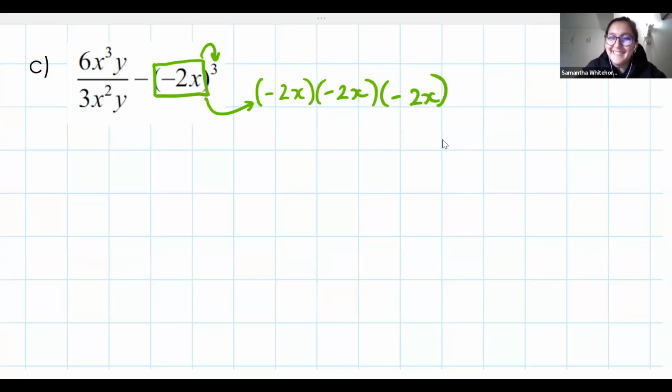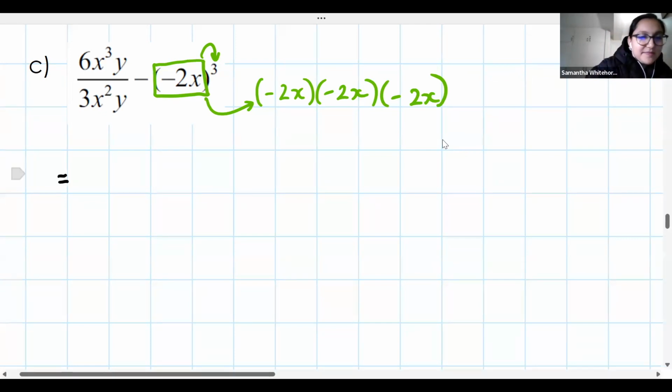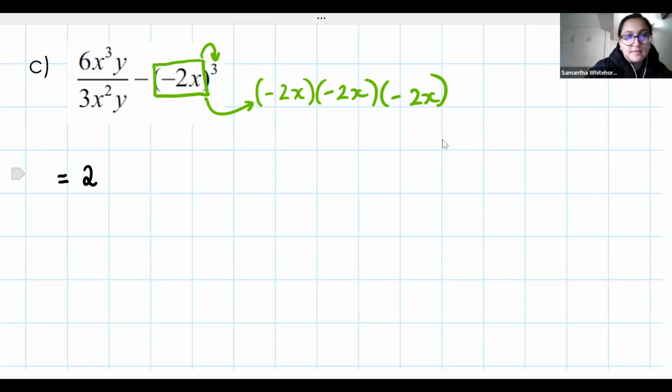Hi. I would like to explain number C. Okay, I'm ready. Okay, so since it's 6x cubed y over 3x squared y, you're going to say how many times does 3 go into 6, which is 2 times. And then you're going to take your exponents and minus them since it's division.